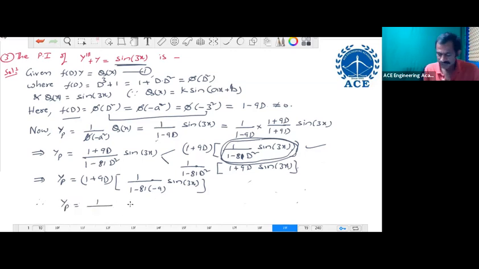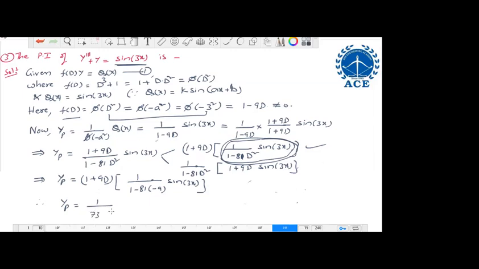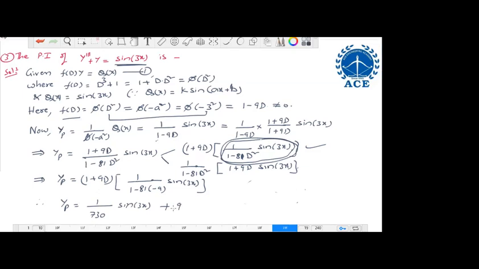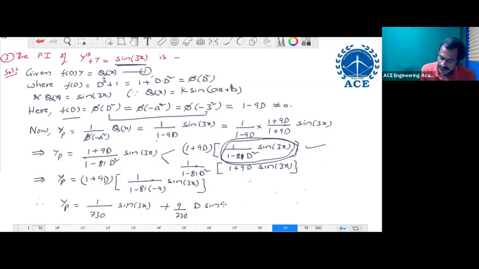1 by 730 of sine 3x plus 9 into 9 by 730 into D of sine 3x.